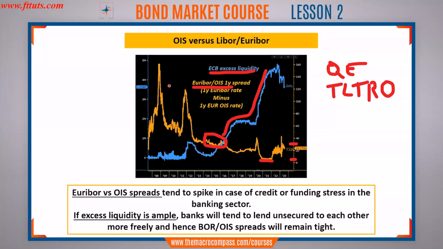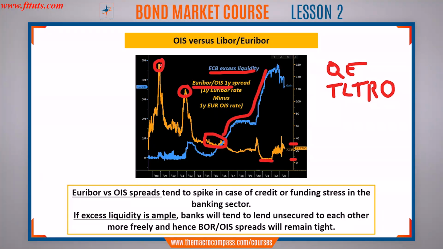Let's have a look at the episodes where Euribor versus OIS spiked dramatically. So that's 2008 in Europe, and that's 2011, 2012. The spread between Euribor and OIS in Europe rose over 100 basis points, so it more than tripled from its normal average level of 30 basis points all the way to 120, even 160 at the peak of the great financial crisis.